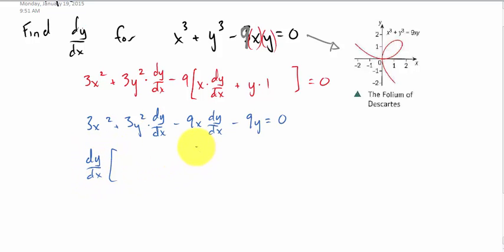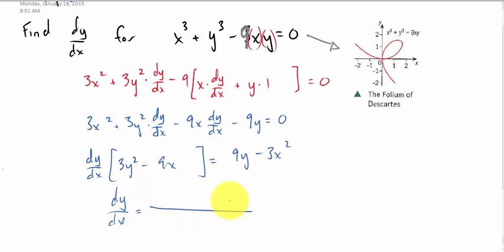Remember, the reason we want all the dy/dx's together is so we can factor out that differential. So there's my rearranged equation with my differential factored out. Now we divide, and dy/dx will be alone in all of its glory.